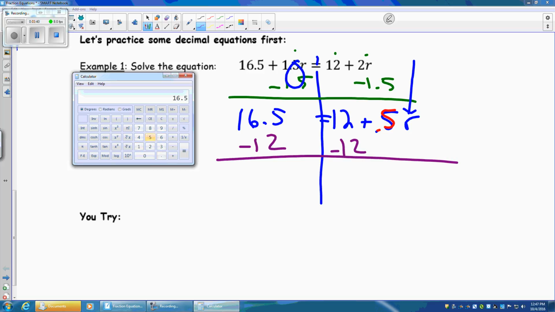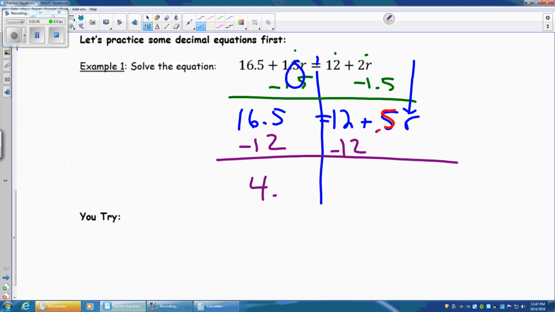16.5 minus 12, and I end up getting 4.5. So now I got 4.5 is equal to 0.5 r. All right? Last step, what operation is this right here between the r and the 0.5? Hopefully you're thinking multiplication. So how do I get rid of a multiplication?